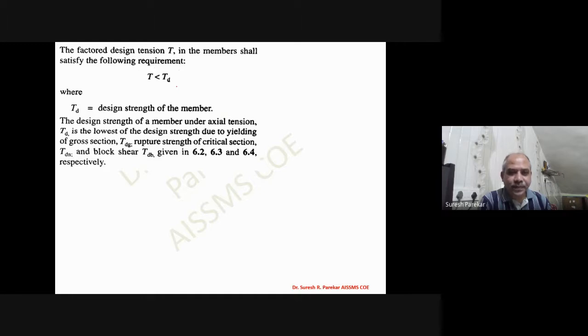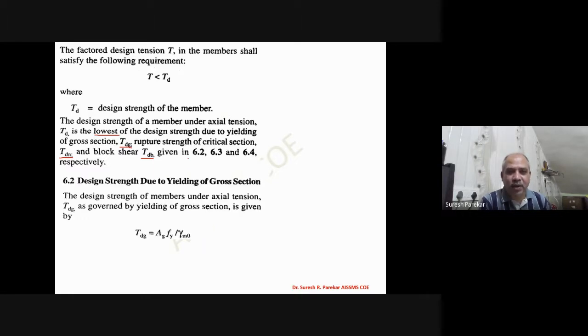Now, as I mentioned, we have to take TD as the lowest. This is most important, and that lowest of, you can see, first yielding of gross section TDG, then rupture at critical section TDN, and block shear TDB. And these are given in clauses 6.2, 6.3 and 6.4.